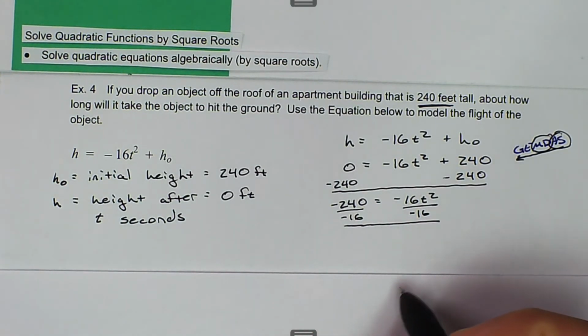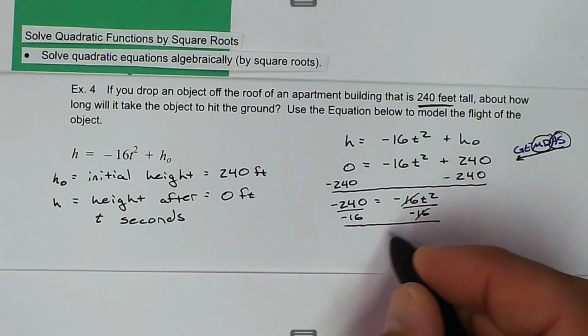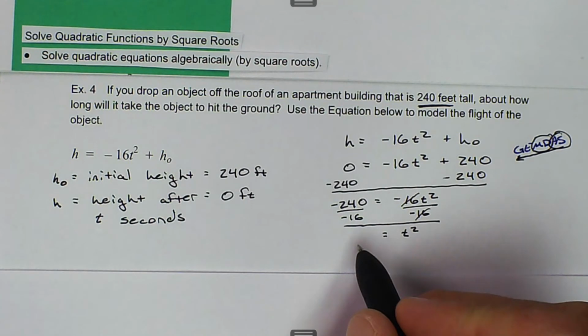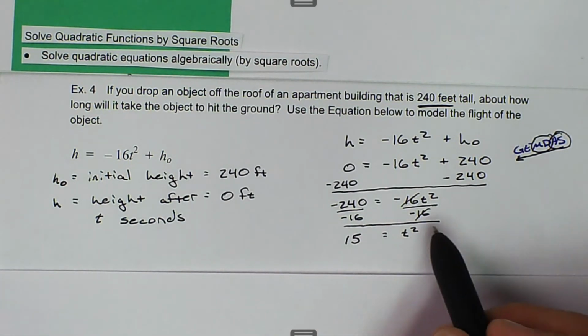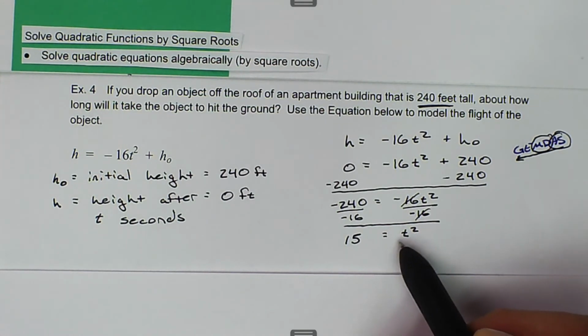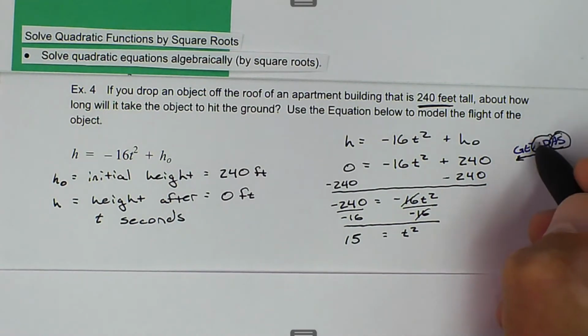And when we do that division, our negative 16 and negative 16 cancel, and we're left with t squared on the right. And on the left, we get 15. So then we look back. Do we have any addition or subtraction? We don't. Do we have any multiplication or division? We don't. Do we have any exponents? Yes.